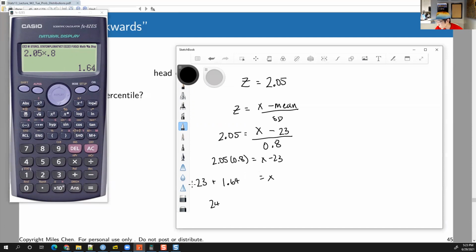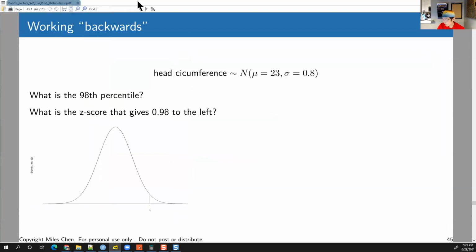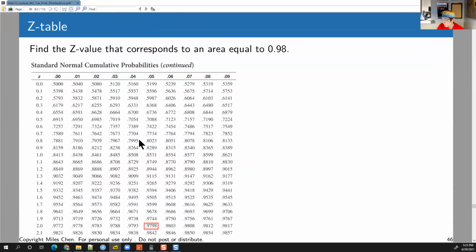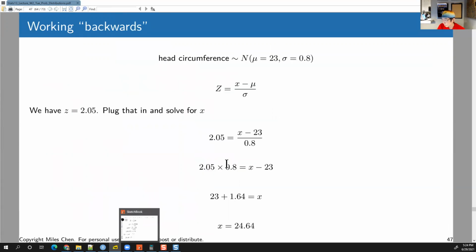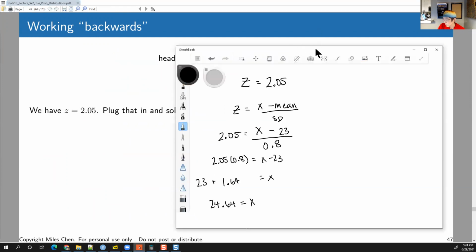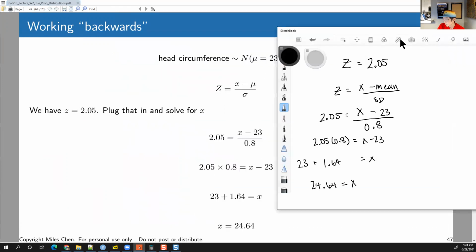So I get 24.64 is equal to x. I think I wrote all of that down here. The z-score gives us 0.98 to the left, we search the table and we get 2.05, and then we plug that in. X is 24.64.